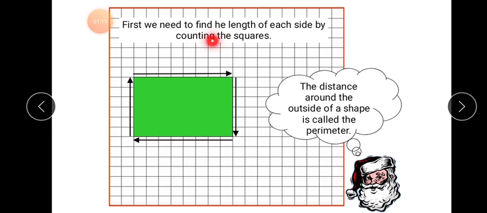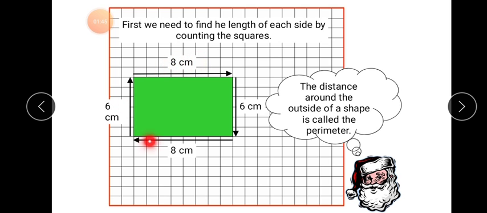First we need to find the length of each side by counting the squares. Just count the squares, 1, 2, 3, 4, 5, 6, 7, like this we have to count. After counting all this we will get the length of the sides. For example this is 8, this is 6, similarly 8 and again 6. So the perimeter will be the sum of 8, 6, 8 and 6.